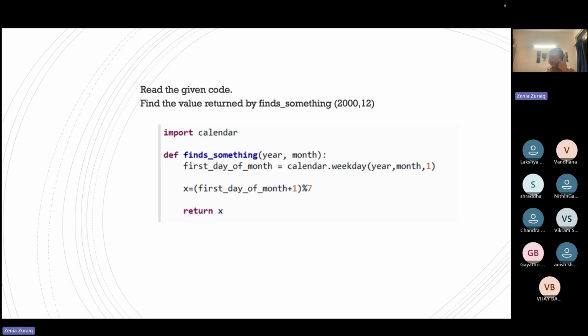It will be a value, a single value, which is returned by the function. Please identify it.